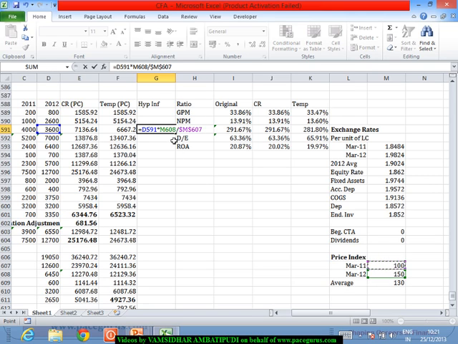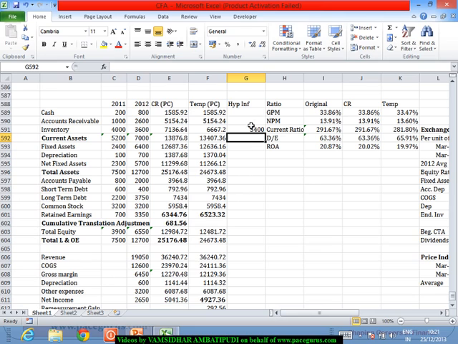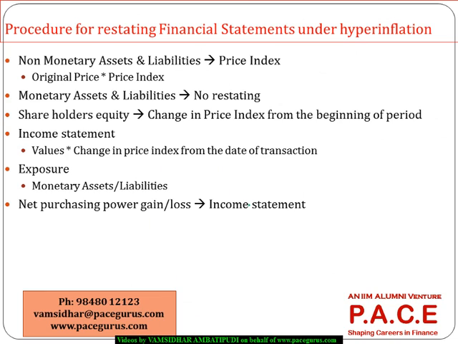That is what we call the price index change. So initially I restate all the non-monetary assets and liabilities at that rate, the change in the price index from the beginning of the period to the end of the period.